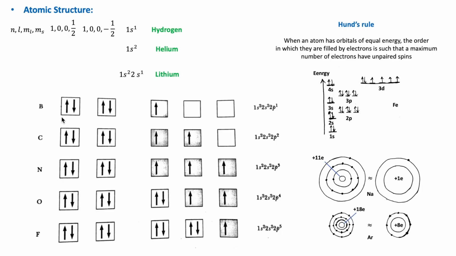So a closed S shell, which corresponds to L equals 0, has 2 electrons, okay? And a closed P shell, which corresponds to L equal 1, has 6 electrons, and a closed D shell that corresponds to L equal 2 has 10 electrons, and so on.